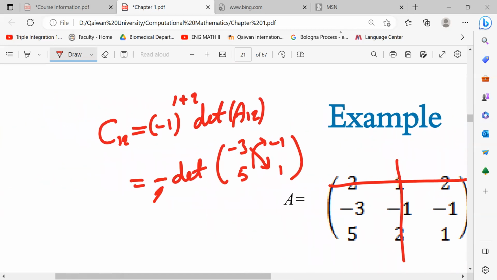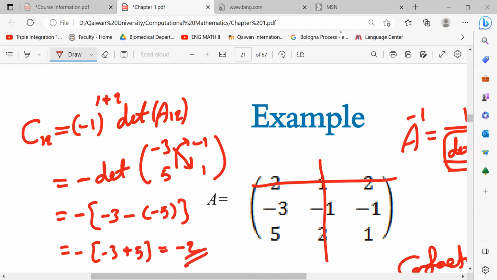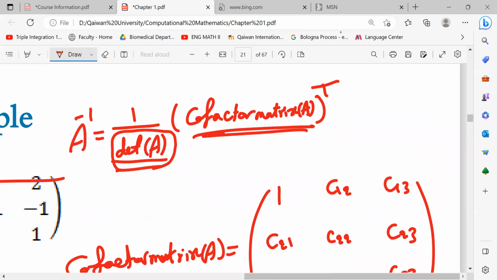But be careful, here we have a negative sign. The determinant is -3 times 1 is -3, minus 5 times -1 is -5. And it is -3 plus 5. It is 2, and because we have a negative sign, it is -2. And C12 is -2.